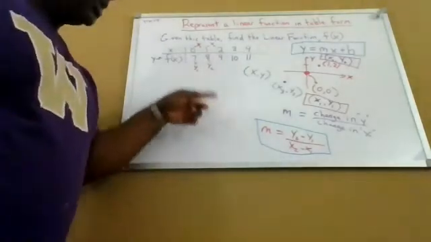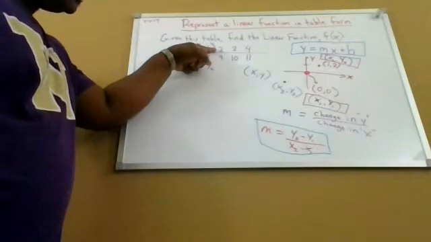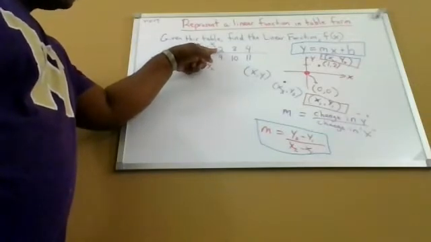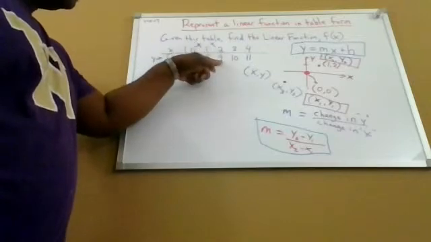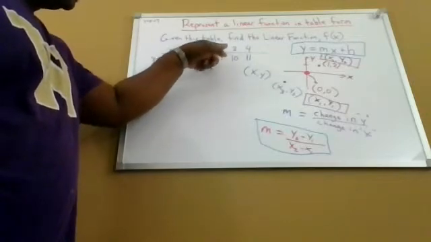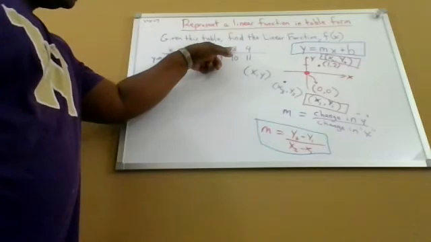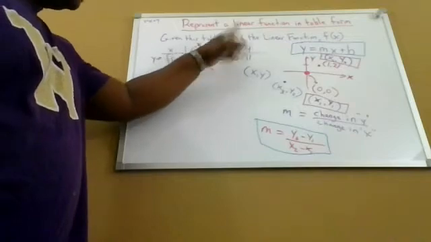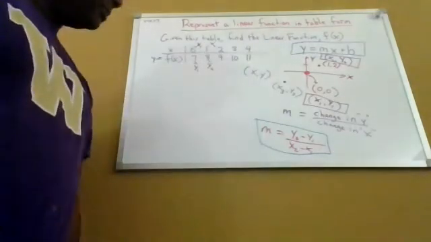And I can continue identifying it this way. My x2, this 2 would be x3. This will be y3. This will be x4 equals 3, y4 equals 10, and so on.